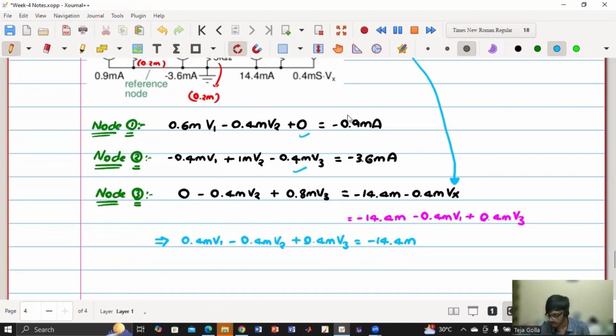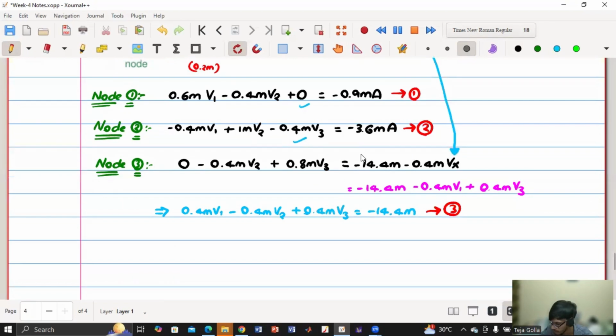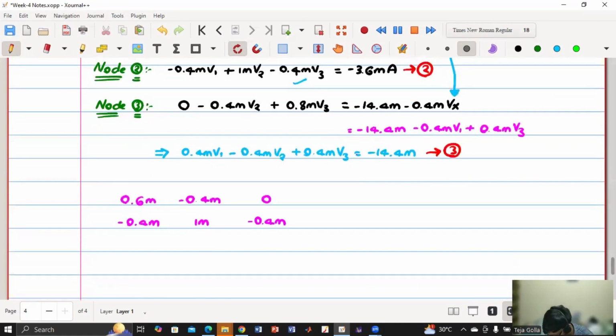Okay, so now these are my new equations: equation 1, equation 2, and equation 3. Using these three, we have to write in terms of a matrix because they have asked in terms of matrix. So we have 0.6 milli, minus 0.4 milli, 0; minus 0.4 milli, 1 milli, minus 0.4 milli; and finally 0.4 milli, minus 0.4 milli, 0.4 milli.